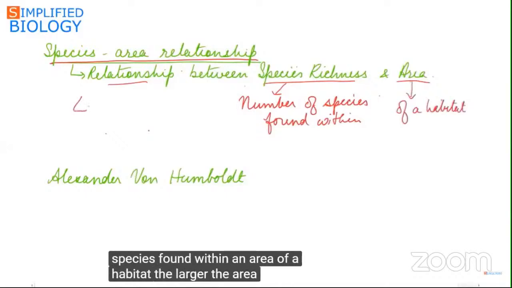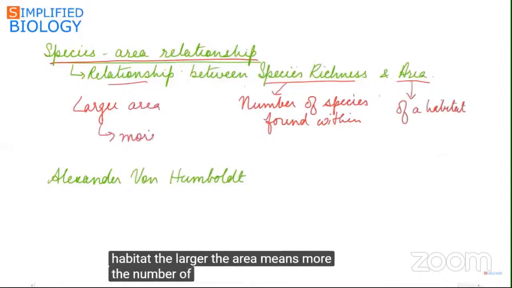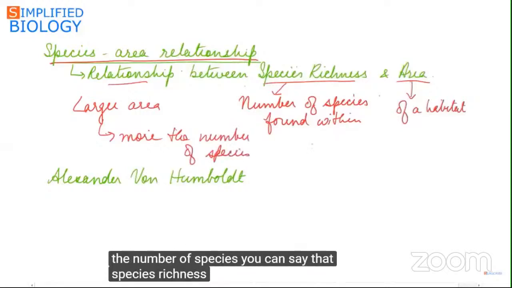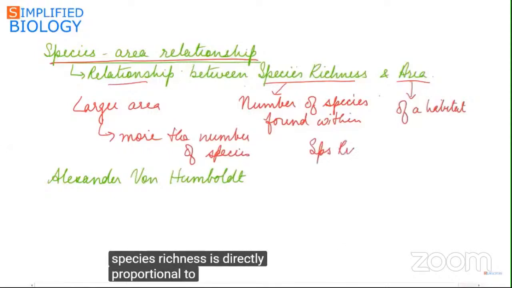The larger the area means more the number of species. You can say that species richness is directly proportional to area.